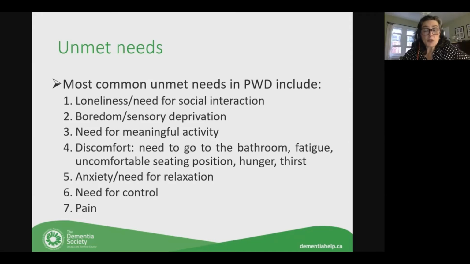Discomfort is a very huge unmet need, and they can be very basic physiological needs: needing the bathroom, being overly fatigued, being uncomfortable, being hungry, thirsty, dehydrated. And of course, we may be anxious because we are sort of asunder, we don't have memory, we don't have a sense of structure, so everything is an unknown.